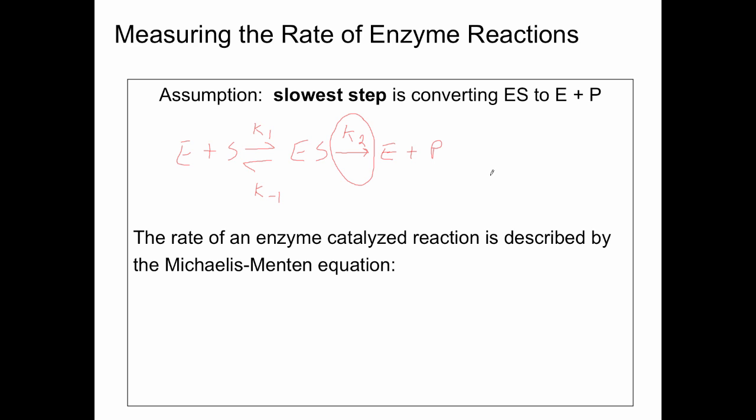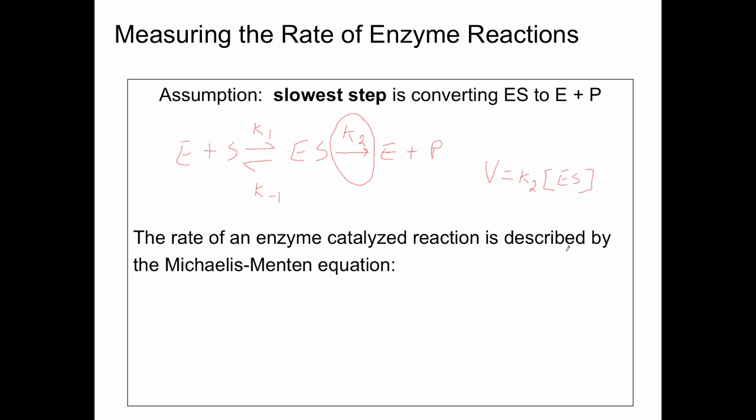So taking these two assumptions into account, in its most simple form, we can say that the velocity of a reaction is equal to K2 times ES. But as I mentioned a moment ago, there are some other variables that we're not taking into consideration here, and these are intrinsic properties of the enzyme, Vmax and Km.